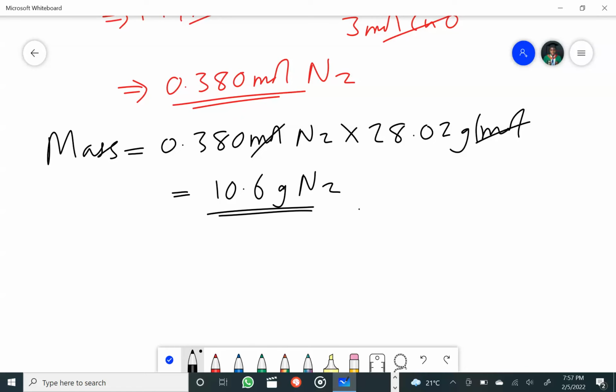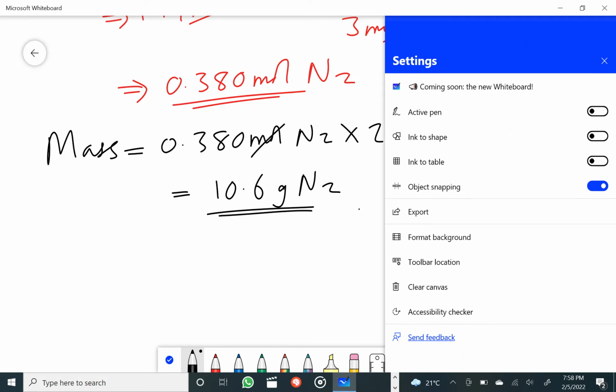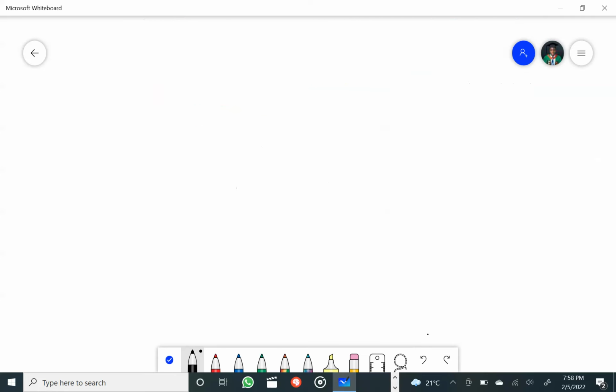Now, there's another concept which we now call the percentage yield. So basically, what the percentage yield is all about is, for instance, in this equation, the amount that we calculated being 10.6 grams, that's the theoretical yield.